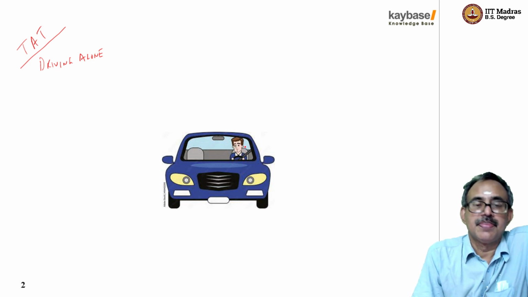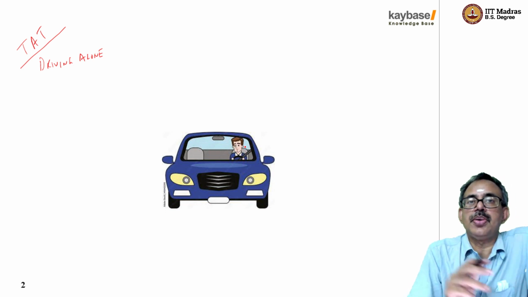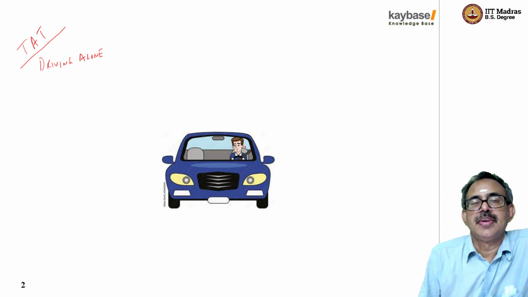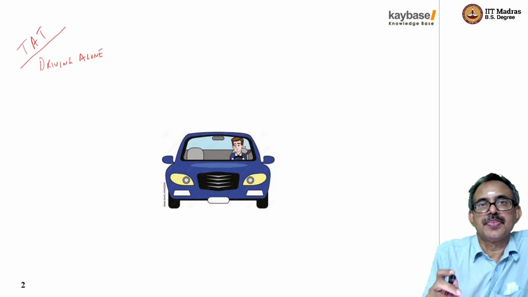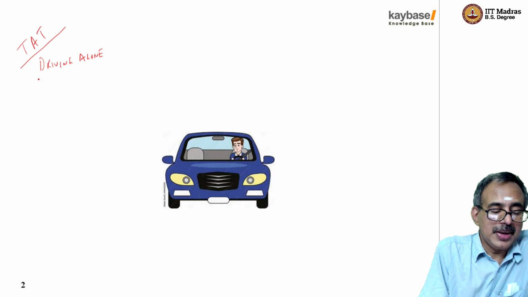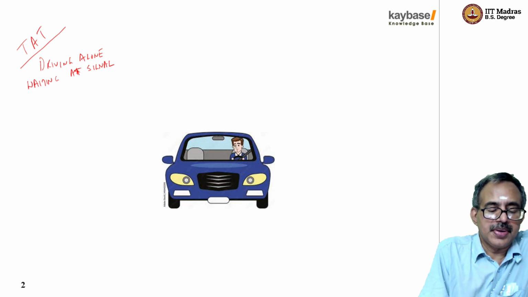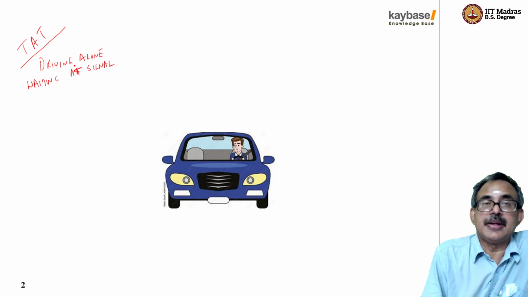For me, it looks like he's waiting at the signal. It doesn't look like he's moving at the moment. Yeah, he's not moving. He's waiting at the signal, looking for a green signal to move. At the moment, stationary.